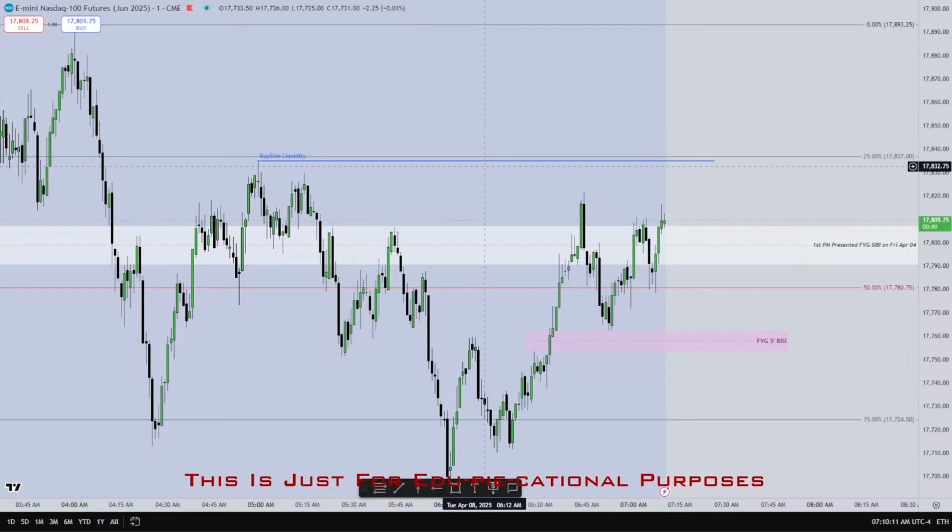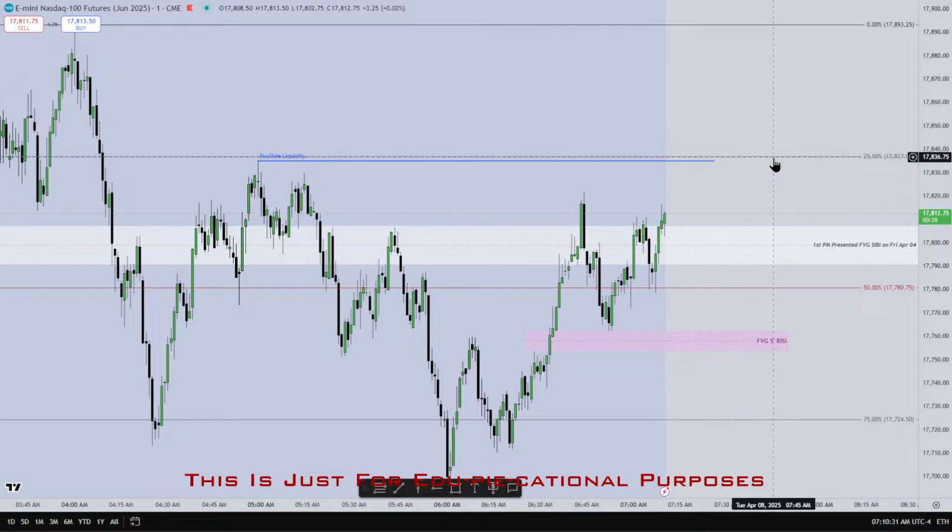I'm expecting to see this market go to this BC here around 720 to 740 and give us a position to go long for reaching this buy side liquidity here.